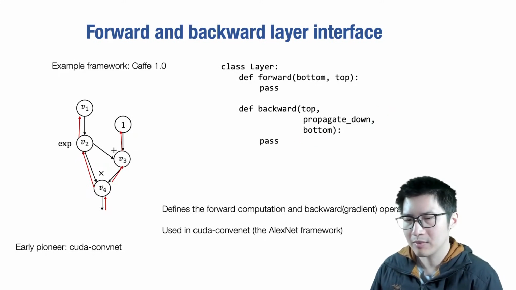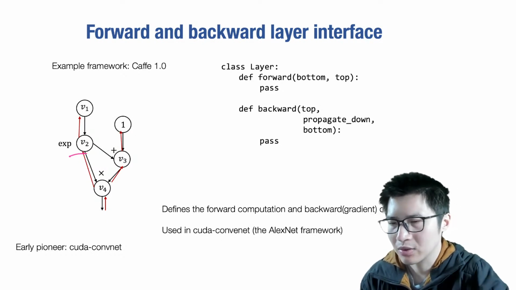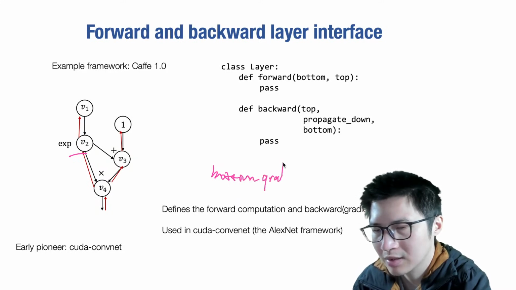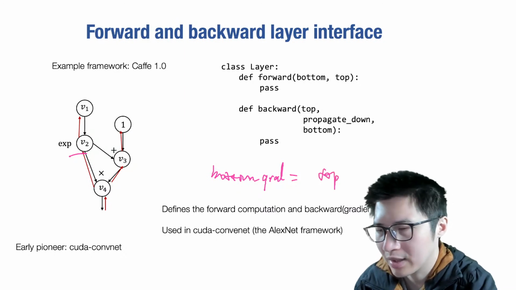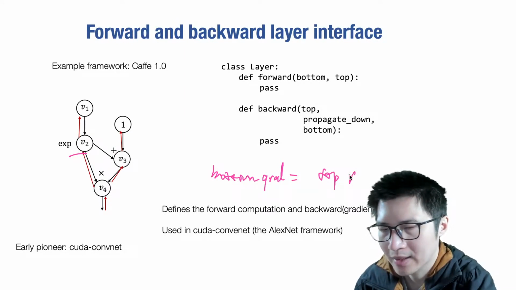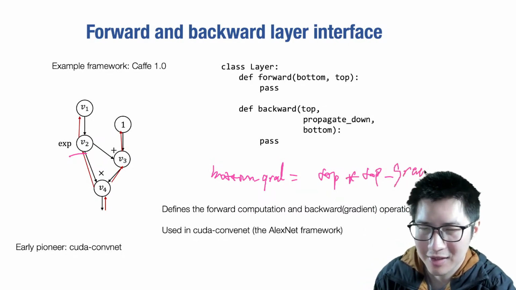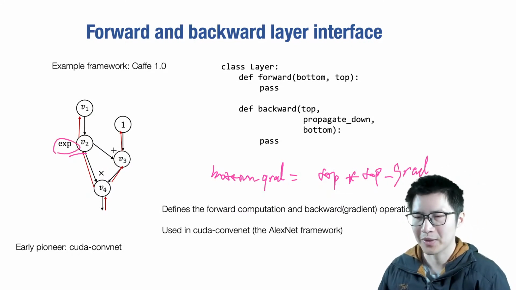So in a backward function, for example, if you are doing something like exponential, what you are going to do is say my bottom gradient is going to equal the top value, which is the exponential, times the top gradient. That is the gradient of exponential.